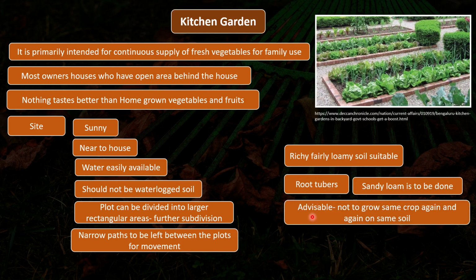Now another important thing is that we should not grow the same crop again and again on the same soil, right? Because if we grow the same crop on the same soil again and again, there are many possibilities of diseases that can take place. So what happens if we do continuous cropping?